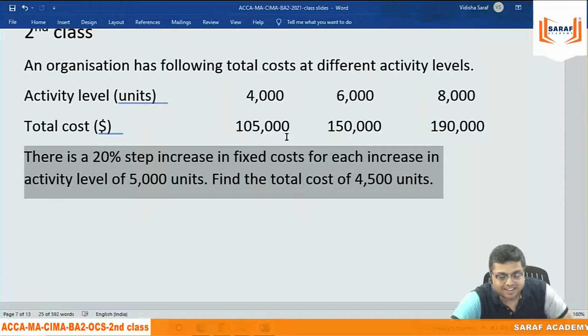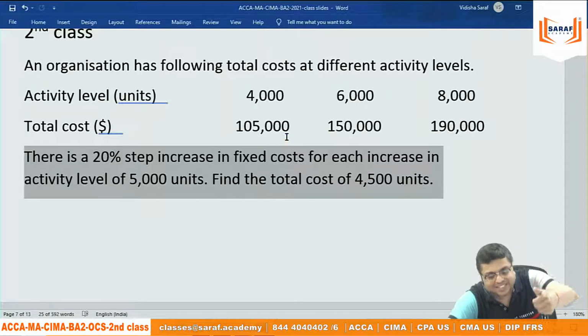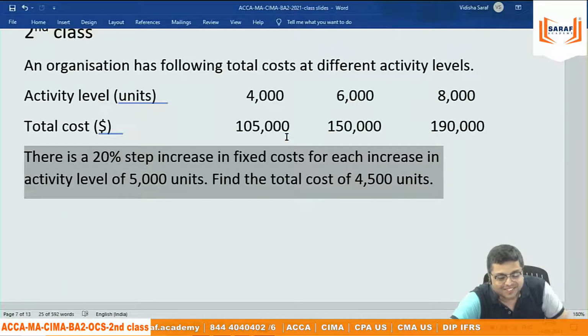So it is not coming the same. If it would be coming the same, or if the total is the same 1,05,000, then it would be different. Since it is neither of the two cases, for that reason it is semi-variable. You have raised the bar. Thank you. Thumbs up.